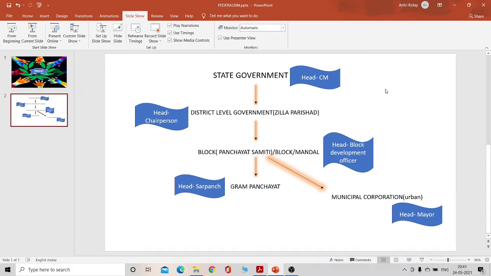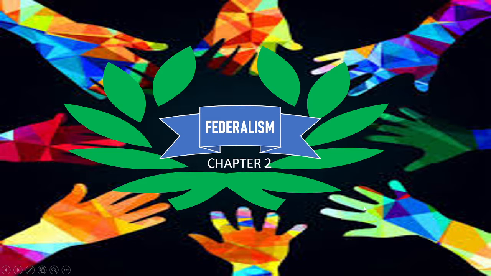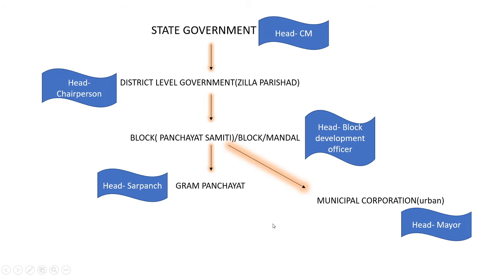To make it easier for you, you can see here that the state government is headed by, of course, the chief minister. Then you have the district level government, which is also known as the Zila Parishad. Who heads it? It is the chairperson. Then you come down to the blocks. So many blocks form a district and many districts form a state.